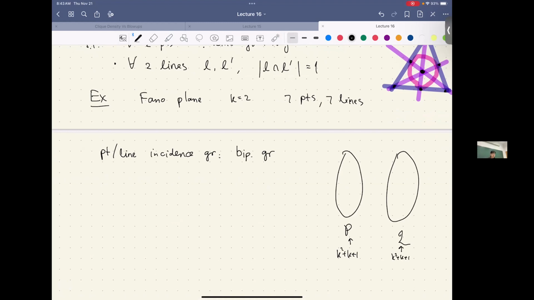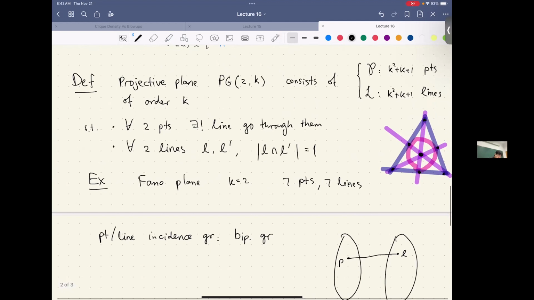Same number of vertices on each side. A point is adjacent to a line on the right if it lies on that line. Okay? From this property, it's not hard to derive by some double counting that every point actually lies in k+1 lines.